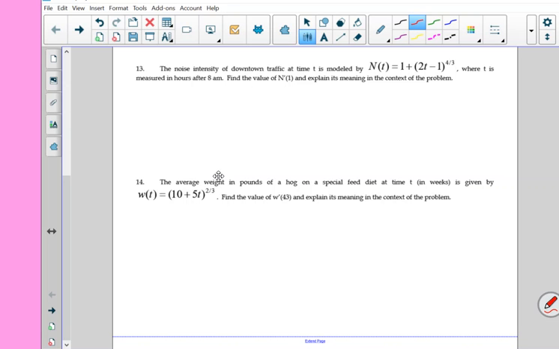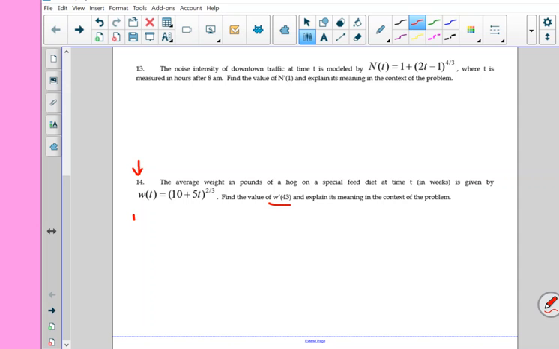If we're looking for, and we'll do number 14, we'll do the hog problem, we're looking for W prime of 43. Okay, what is that going to be?